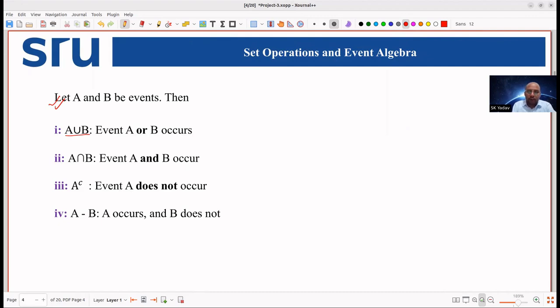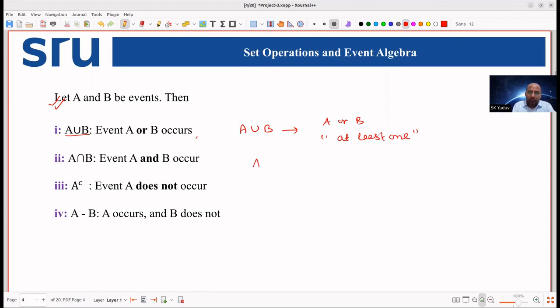It is called the happening of A or B. So A union B implies A or B. This is used when terms like at least one appear, that is, A or B or both.